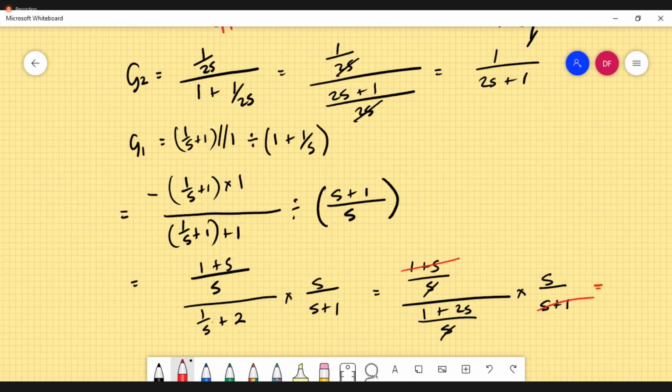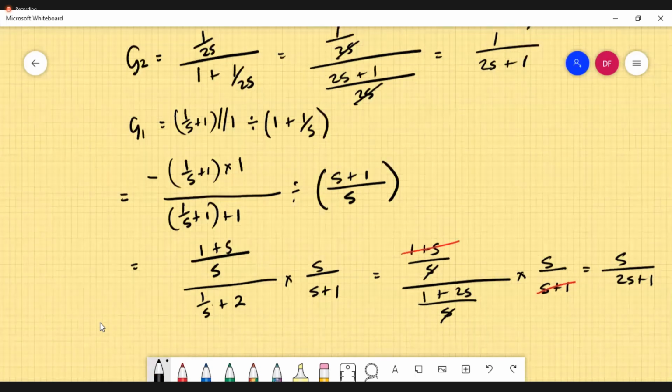That equals s over 2s plus 1, with a minus.